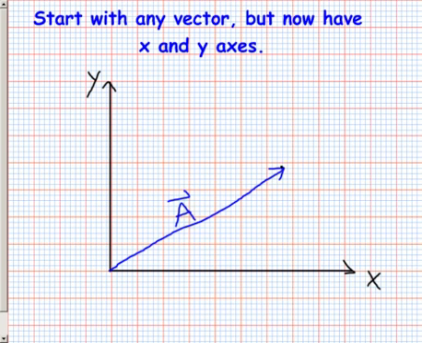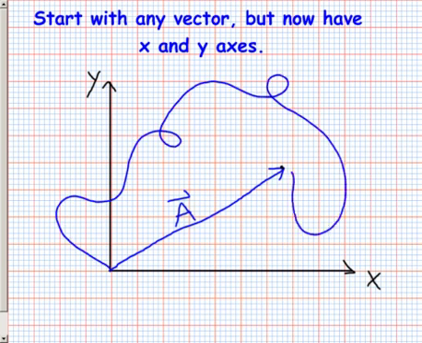So I started at the origin and I walked to the store. Now remember, this doesn't tell us anything about the path. My path could be like this, right? My displacement is only from the start to the finish.